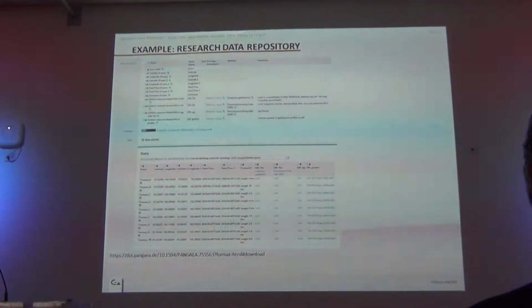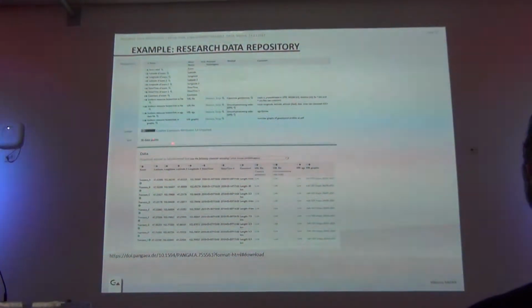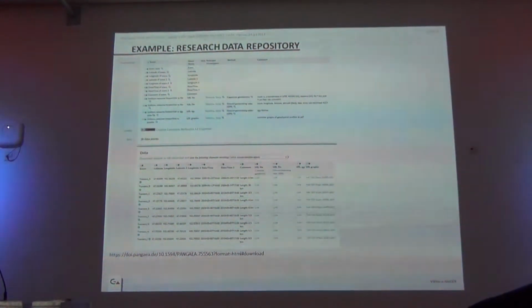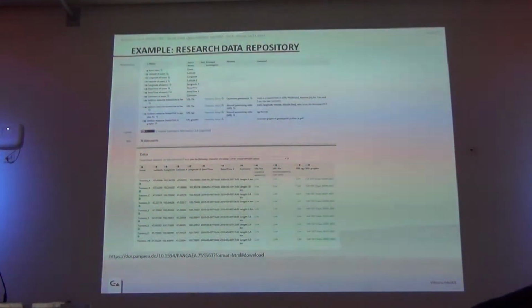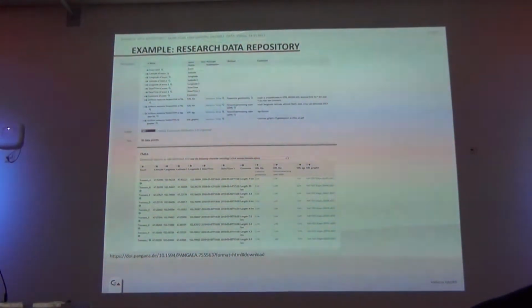And if you scroll further down, you get some more metadata, like they explain the used parameters, and the license. In this case, it's a Creative Commons Attribution 3.0 Unported license. It means you are allowed to do everything with the data, as long as you cite it.